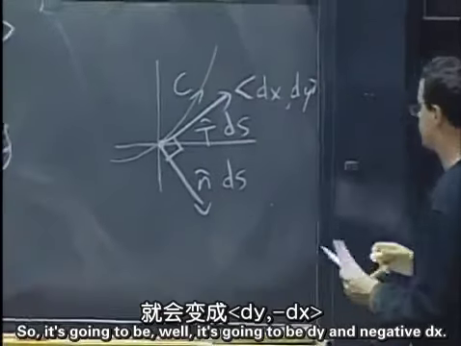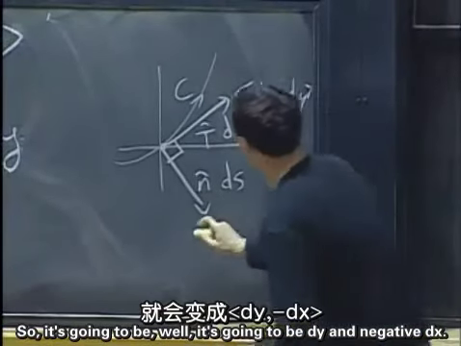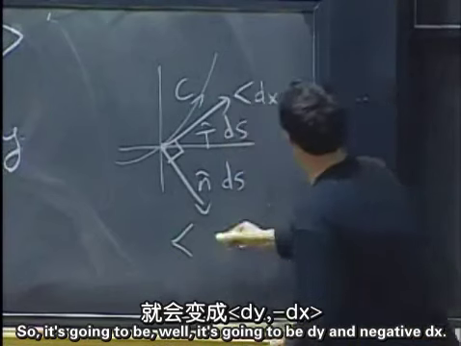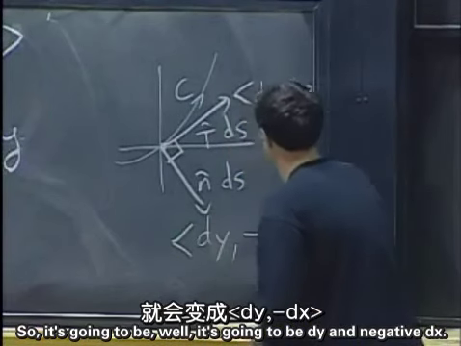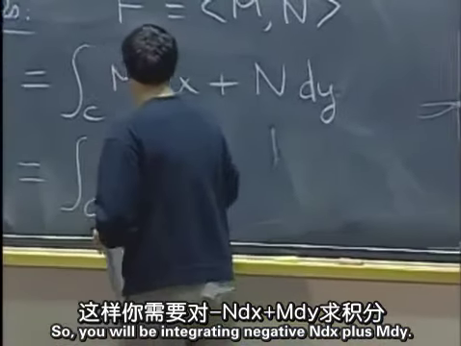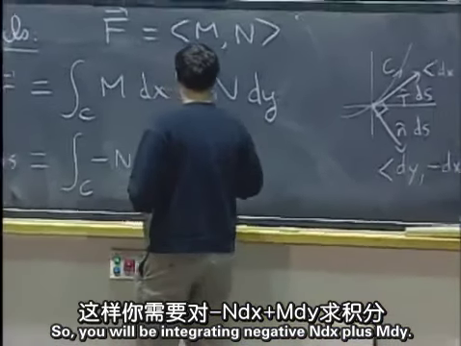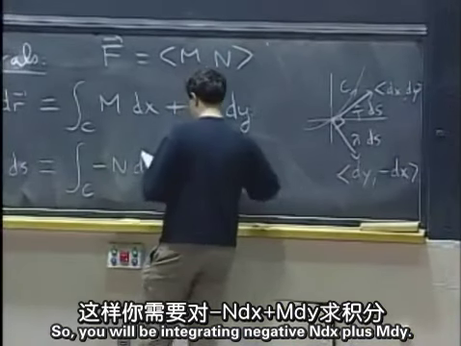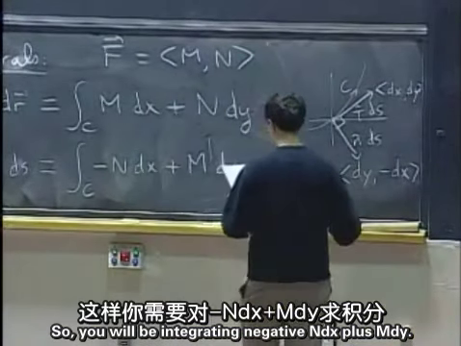So it's going to be dy and negative dx. So you will be integrating negative N dx plus M dy.